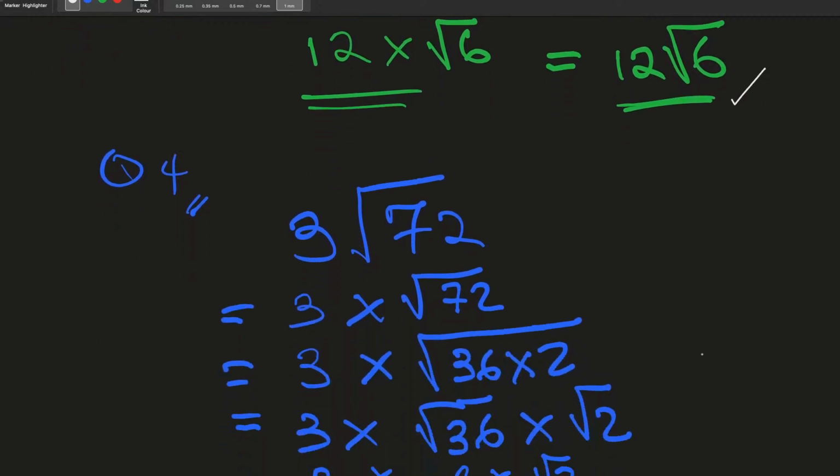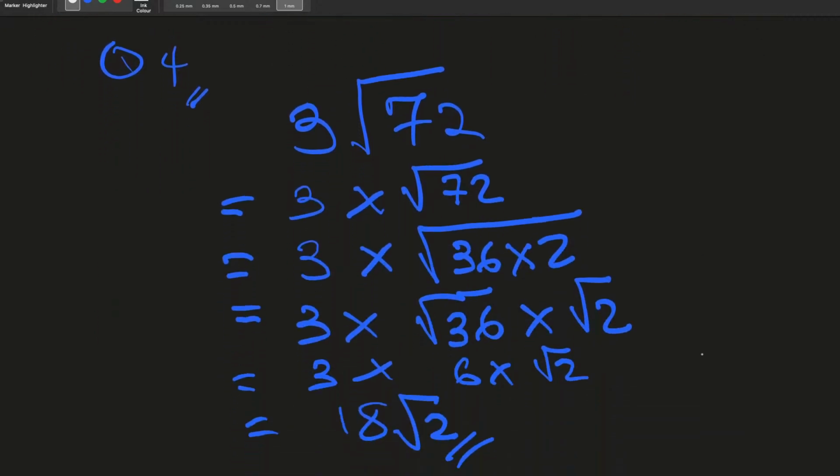Okay, now let's look at this one. When we're asked to simplify this one as well, we know that 3 root 72 means 3 is multiplying root 72. So that's what we did. Then we expanded the 72. That gives us 36 times 2. After that, we broke them apart.